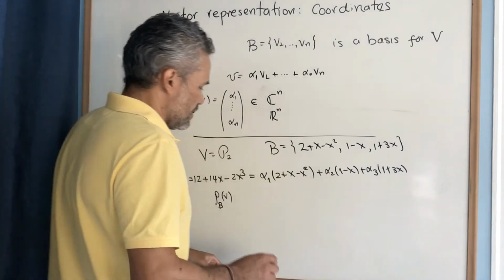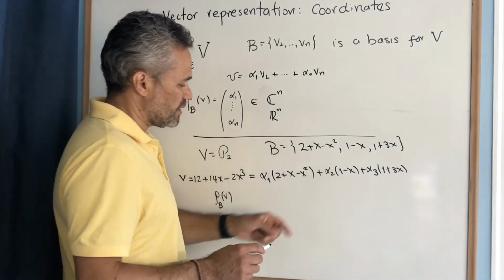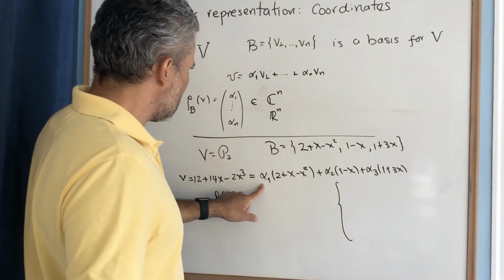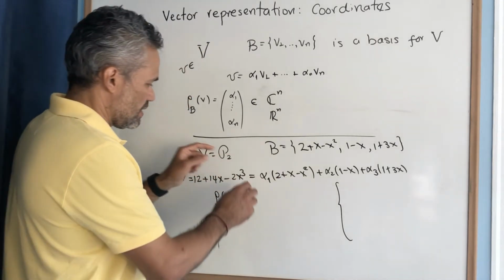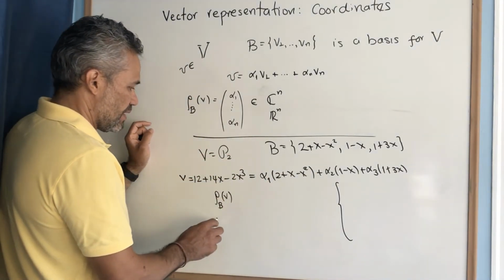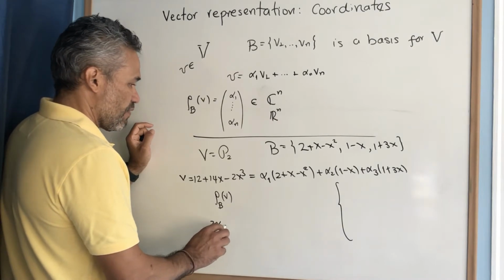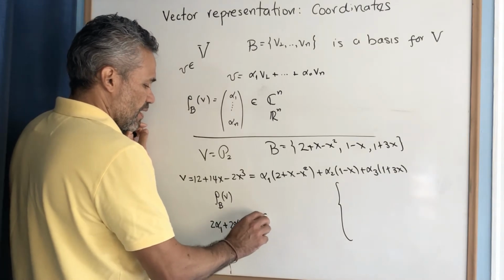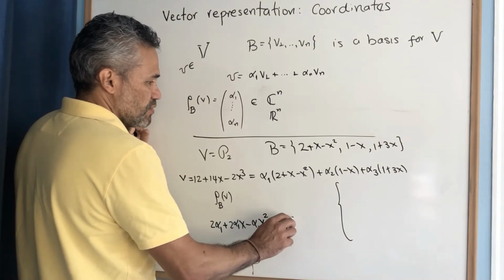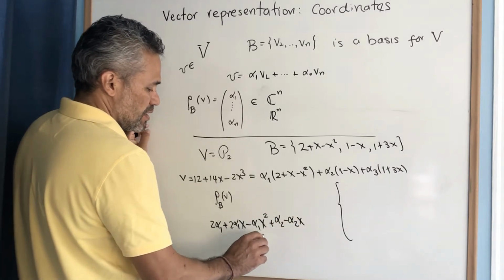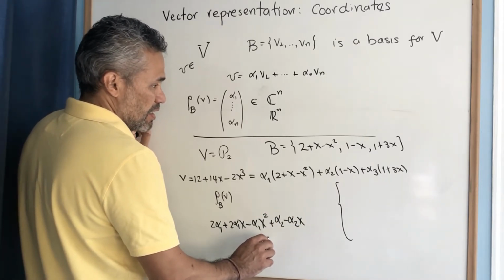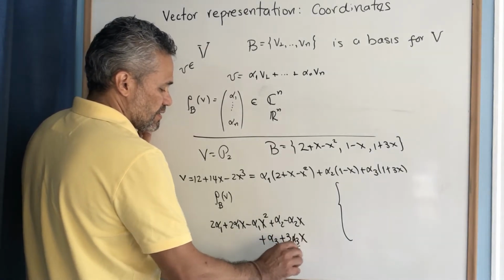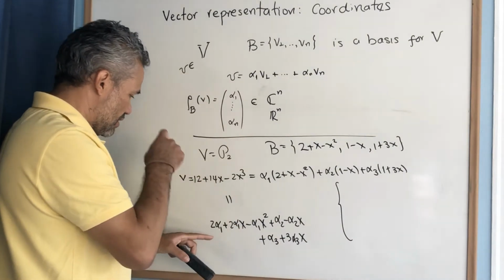Then let's continue here. In order to find the weights, we solve a system. We can expand the right hand side, and we will get 2 alpha 1 plus 2 alpha 1 x minus alpha 1 x squared plus alpha 2 minus alpha 2 x plus alpha 3 plus 3 alpha 3 x, and we want this to be equal to this polynomial.